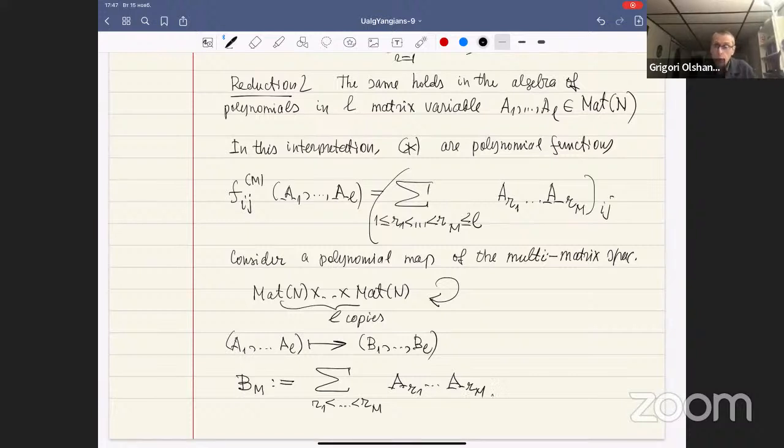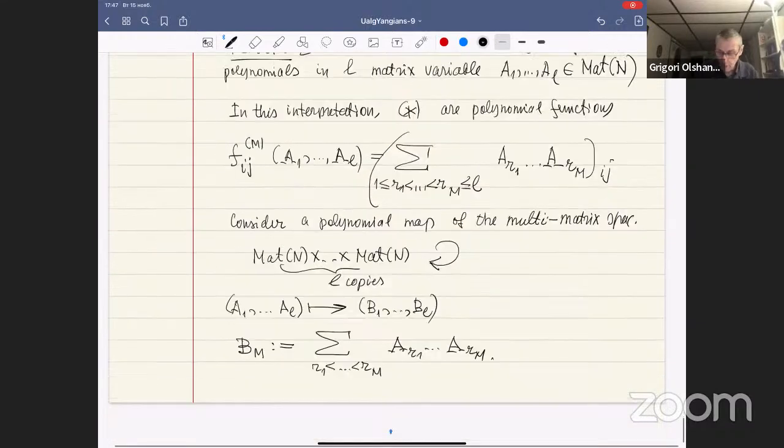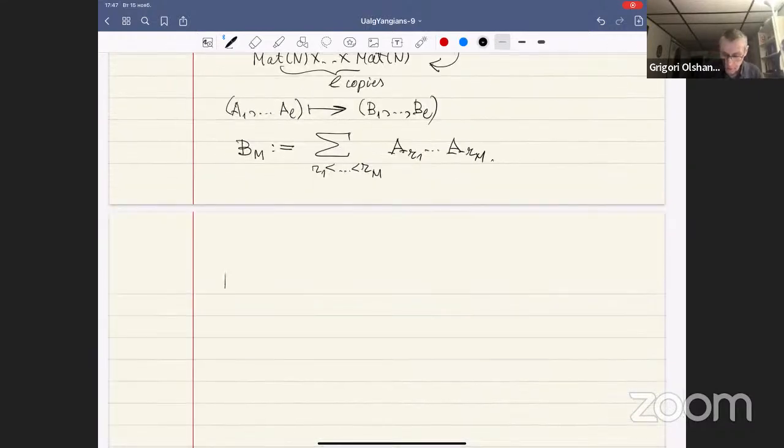It's a polynomial map, and reduction number 3 is the reduction to the following claim.